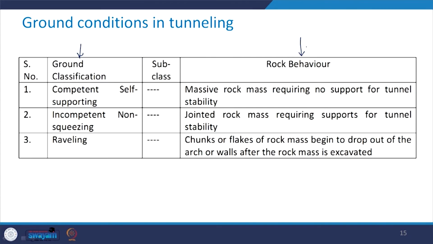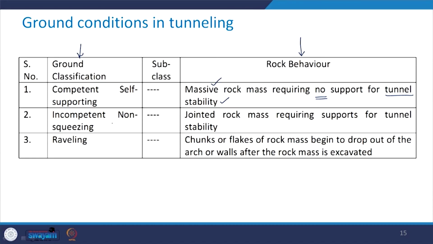This means that it comprises a massive rock mass which requires no support for tunnel stability. That means if you have an excavation through competent self-supporting rock, then that tunnel may not need any kind of support for its stability.